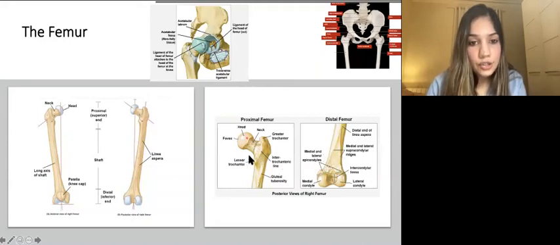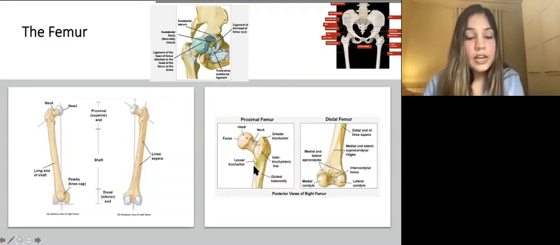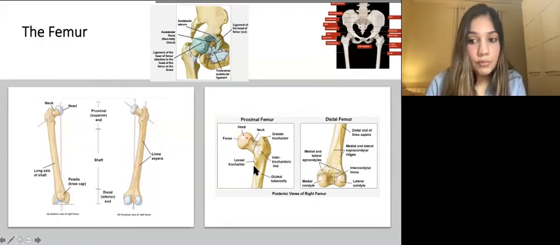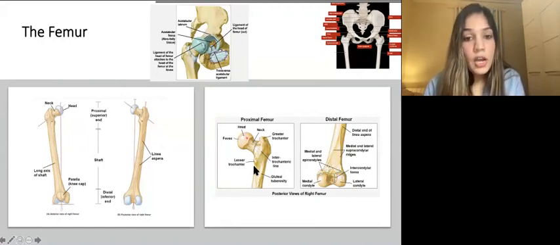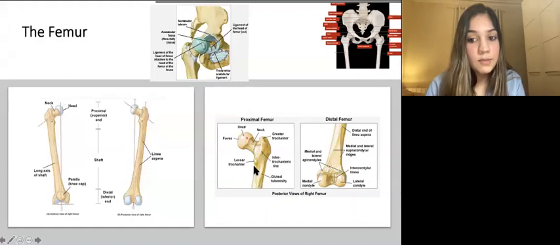Then we've got the lesser trochanter, which actually projects from the posteromedial side of the femur, inferior to the neck. And it's also a site of attachment for some muscles, one known as the iliofemoral muscle, which we'll cover again later in the talk.